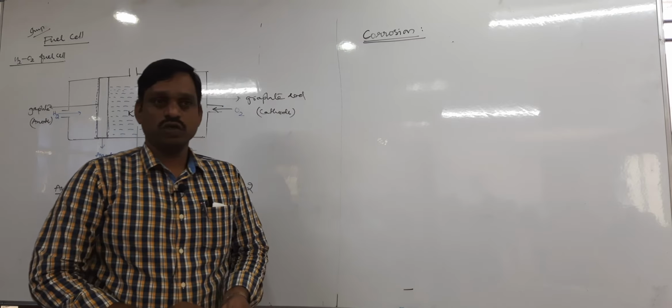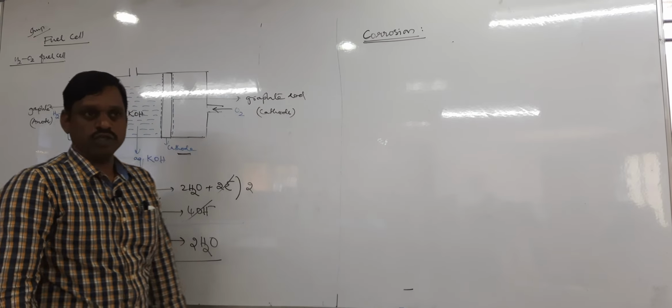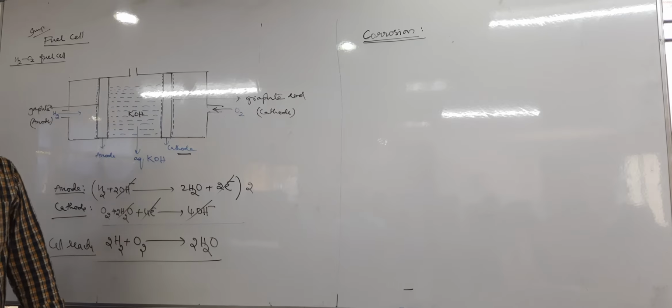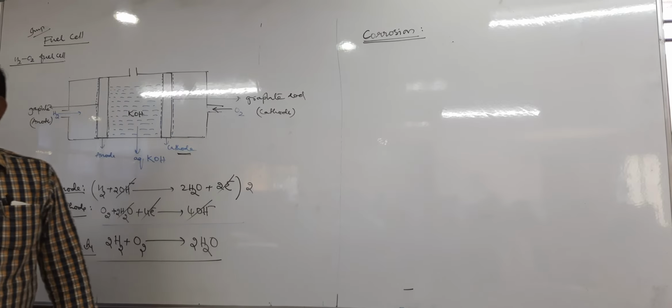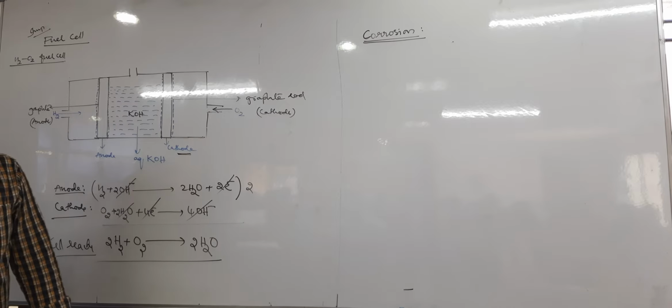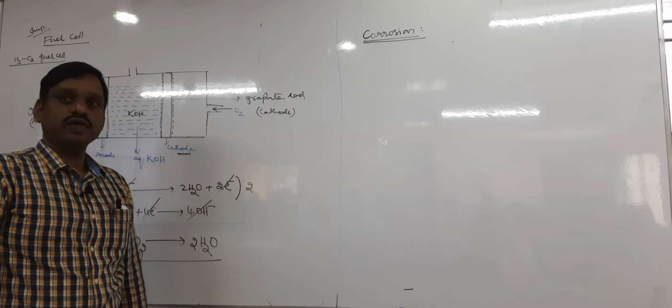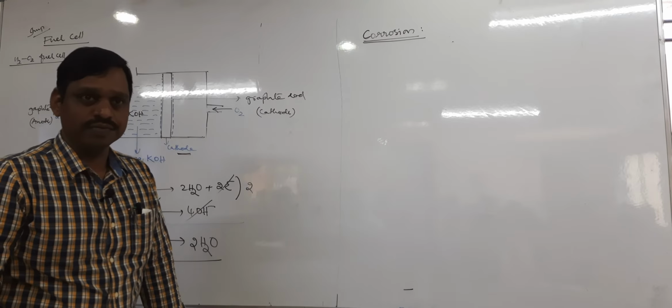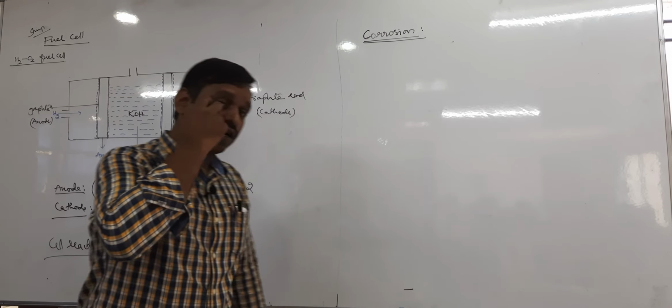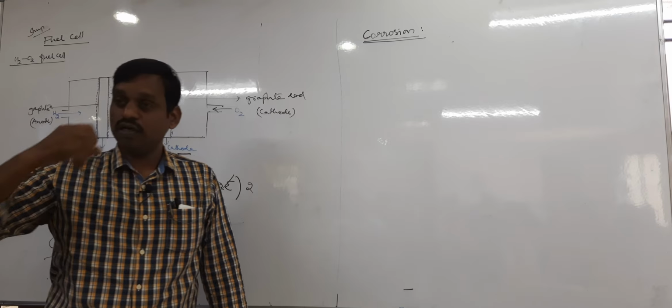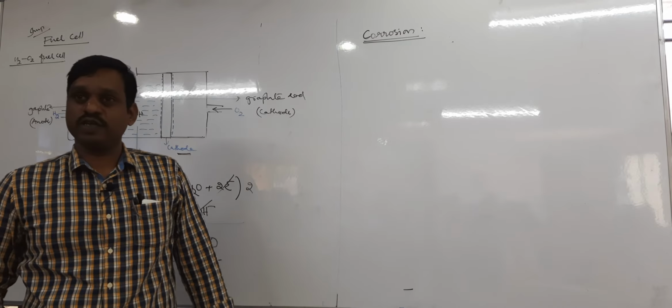Okay. So the last concept is what is corrosion, what are the factors affecting corrosion, and why corrosion can be studied in this topic. We are studying electrochemistry now. So what is the link between corrosion and electrochemistry?